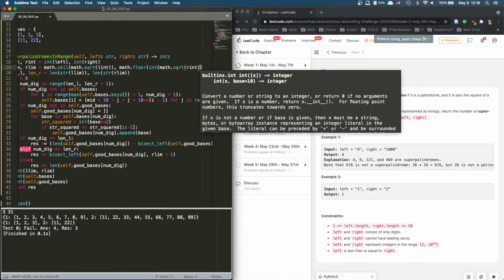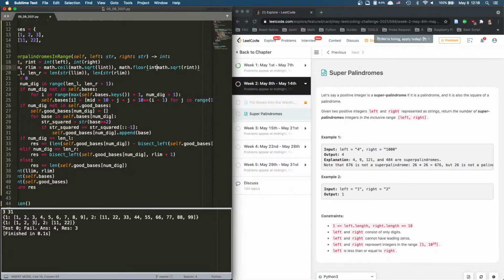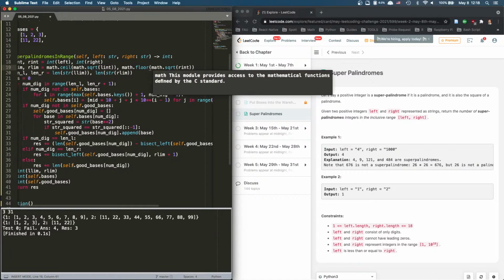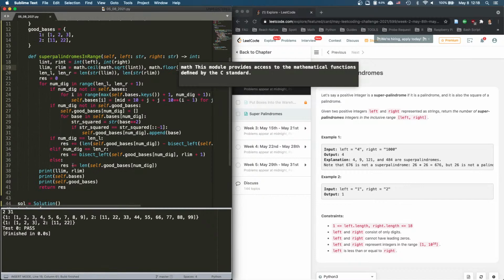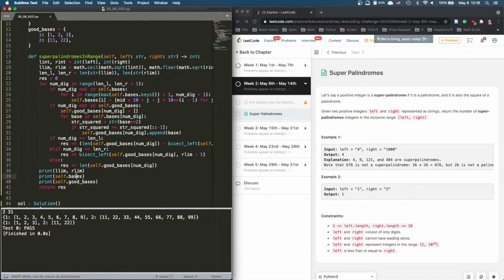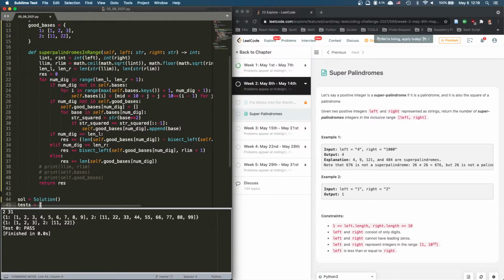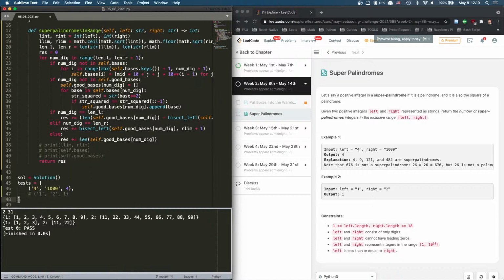And we don't need int because it does int for us. So ceiling and floor, and then we pass. Okay. Comment it out. Let's go down.